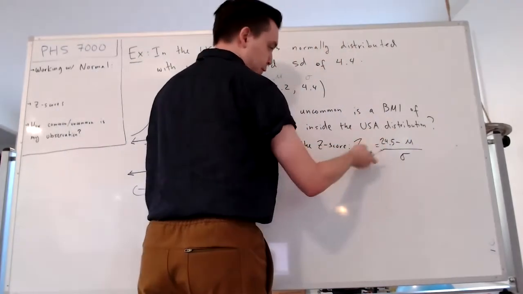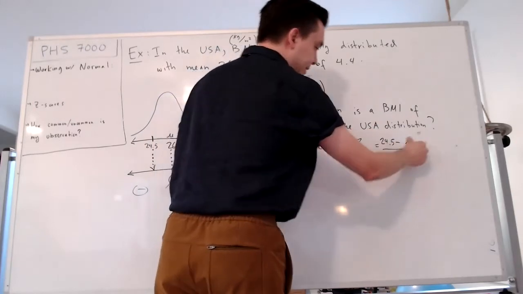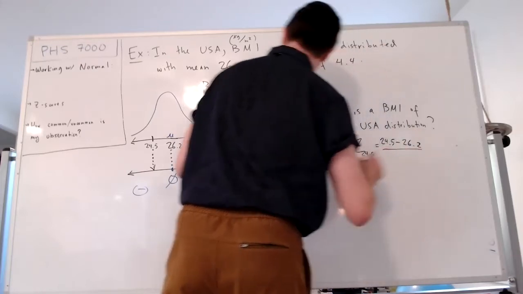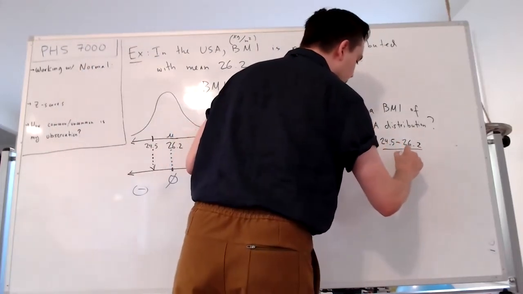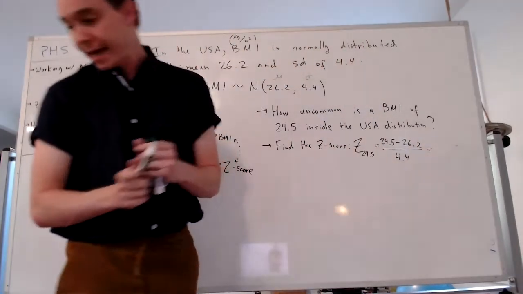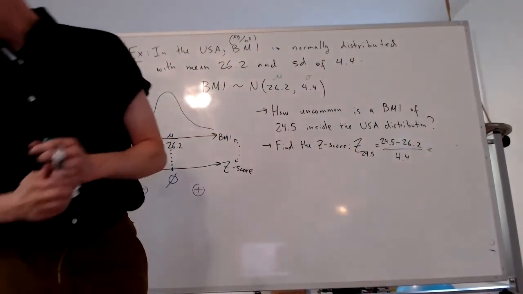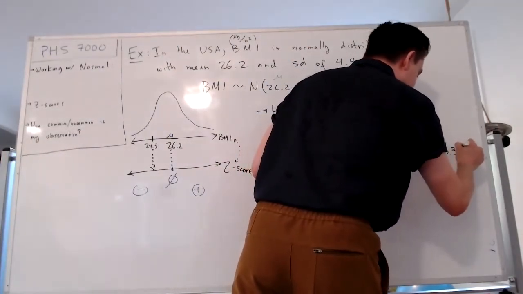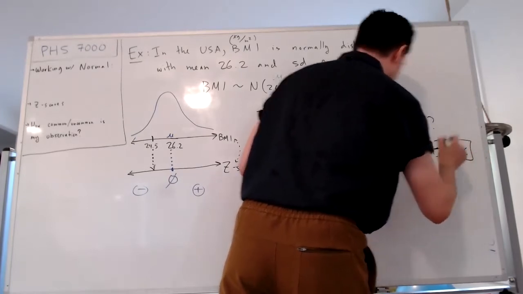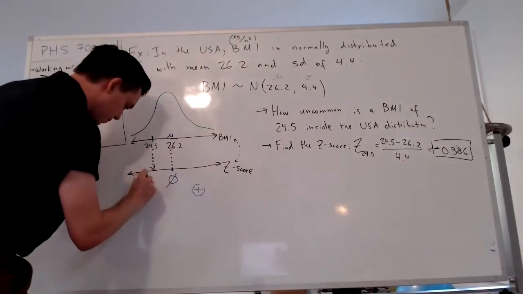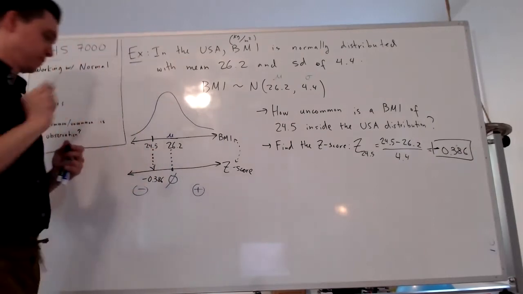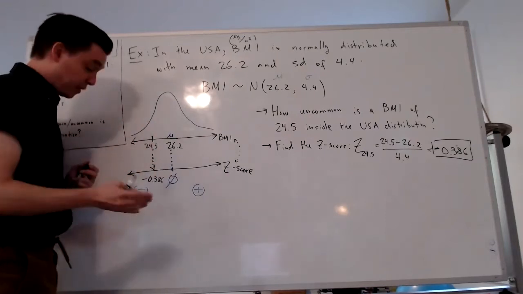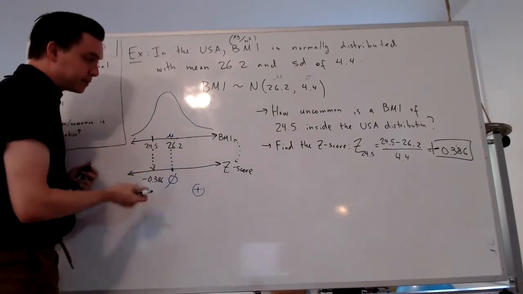Right, so we take 24.5, subtract the mean, which was 26.2, divide by the standard deviation, which is 4.4. So we get minus 0.386. As expected, our BMI was below the mean, so I have a negative Z-score here.